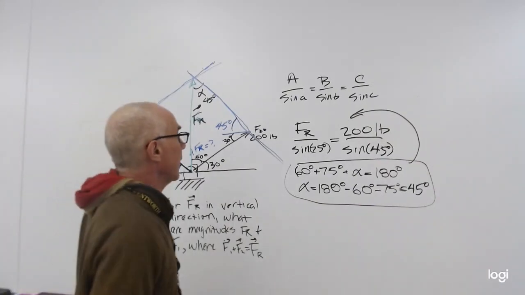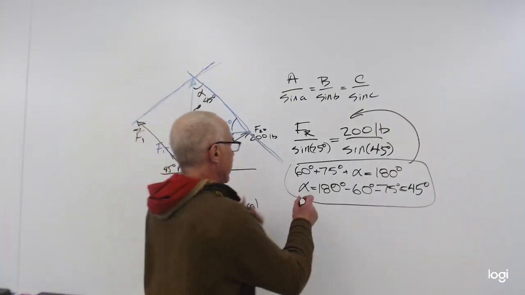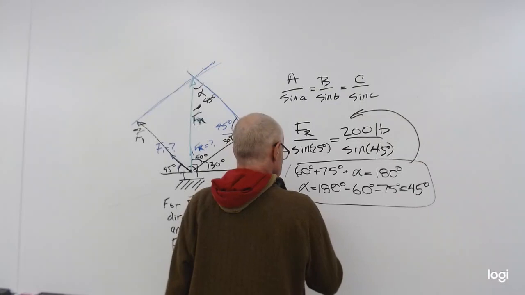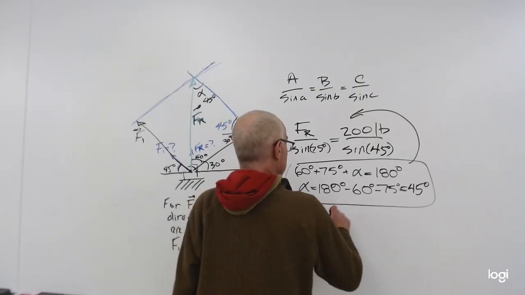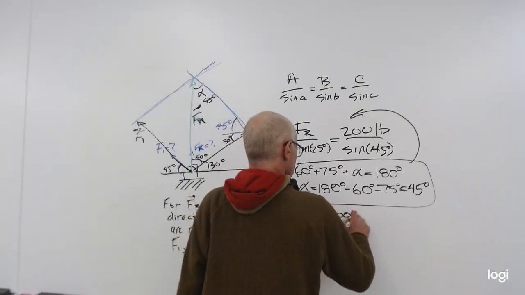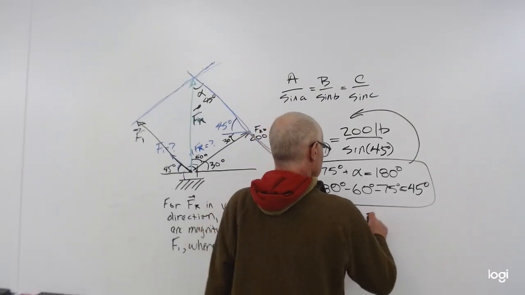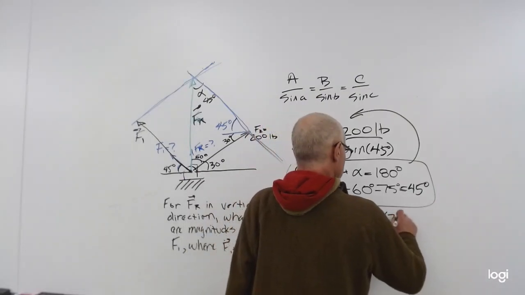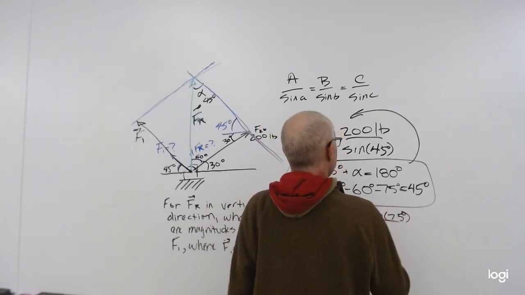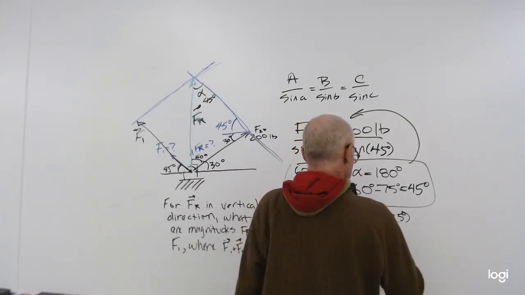And how do we find out? We can just find f of r equals 200 pounds times sine of 75 degrees over sine of 45 degrees.